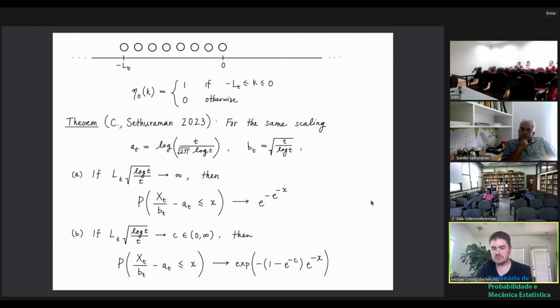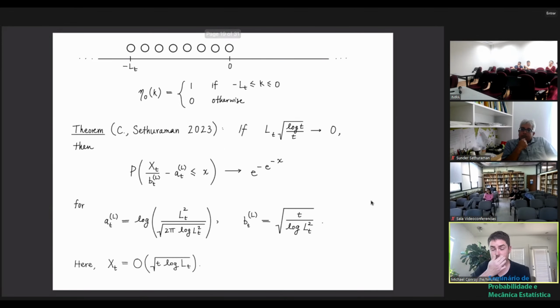What's interesting is that we actually can get a Gumbel distribution in the limit no matter how slowly L diverges. If L diverges more slowly than square root of t over square root of log t, then we can still get a Gumbel distribution. We just need to change the scaling, and the scaling depends on the rate that L diverges.